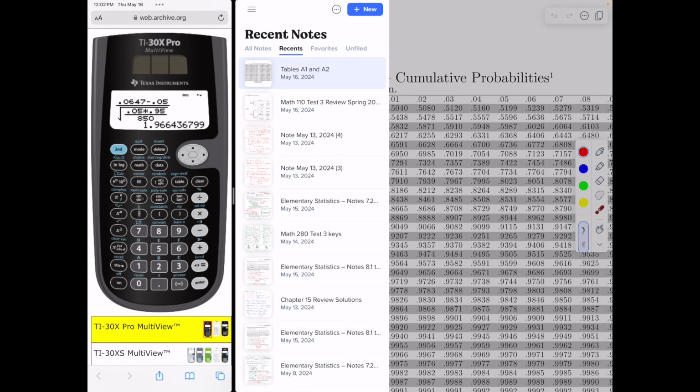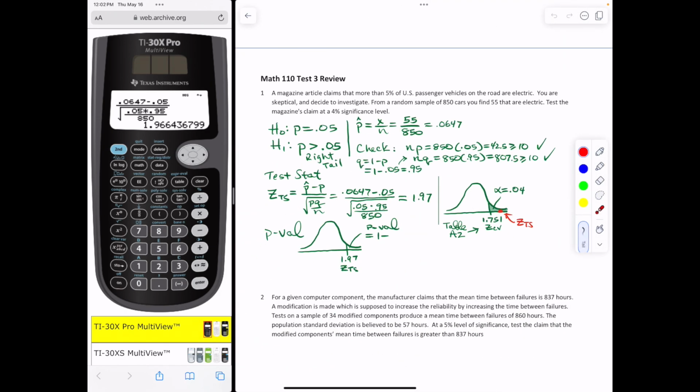Okay, so let's zip back over here. 0.9756. Remember, that's the area to the left. P-value on a right tail test is the complement of that. So it's 0.0244.